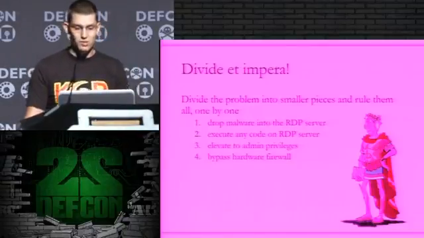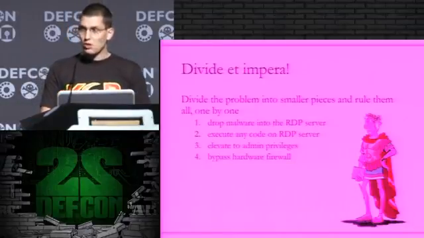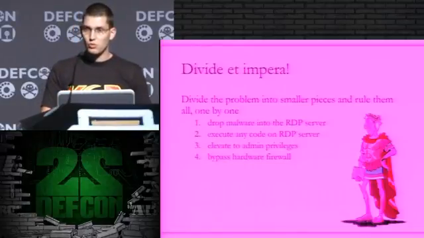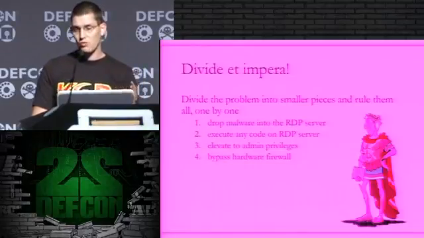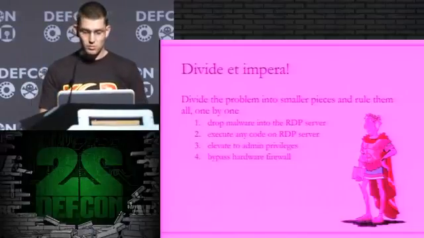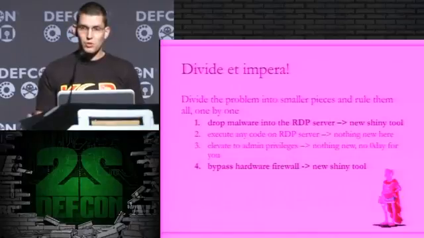Second is how can I start it, because the application whitelist should block it. After that, I had to elevate my privileges to administrator level, which was needed for the 4th step, which is bypassing the hardware firewall. And the focus of my presentation is on the 1st and the 4th step, because these are the tools I have developed.